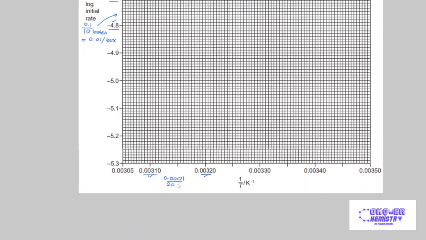So when we divide by the number of boxes, this is going to give us 0.00005. That is per box. So it's a very small scale, but it'll help us plot the graph more accurately.